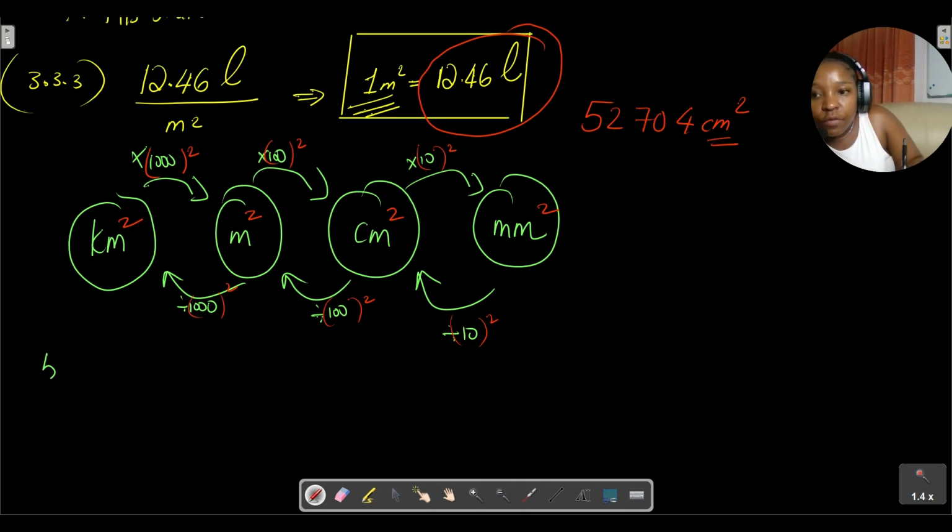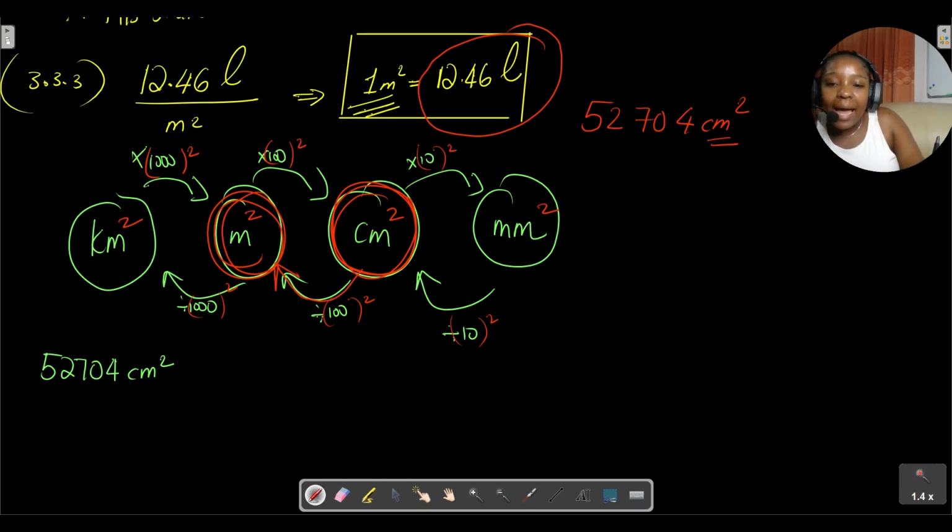To convert 52,704 centimeters squared to meters squared, we want to move from this one to that one. So according to this diagram, we're going to divide not just by 100, but by 100 squared. So it's going to be 52,704 divided by 100 all squared.